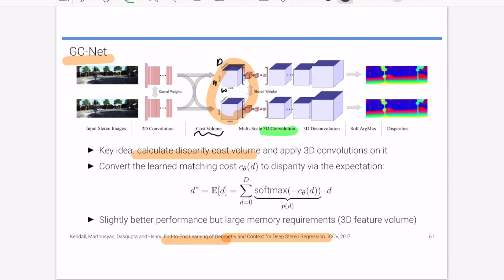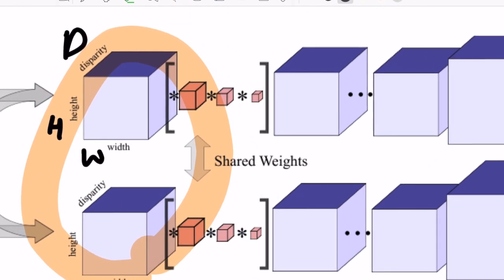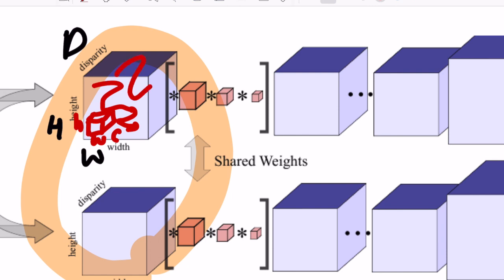In other words, calculate the disparity cost volume and apply the 3D convolution on it. 3D convolution means that in original 2D convolution we just considered convolution across the H and W axes, but in the 3D convolution case, we consider H by W by C, then convolve not only in the spatial direction but also in the disparity direction.